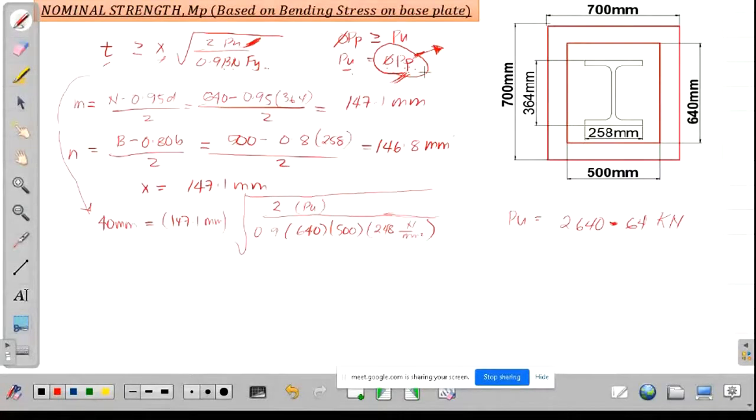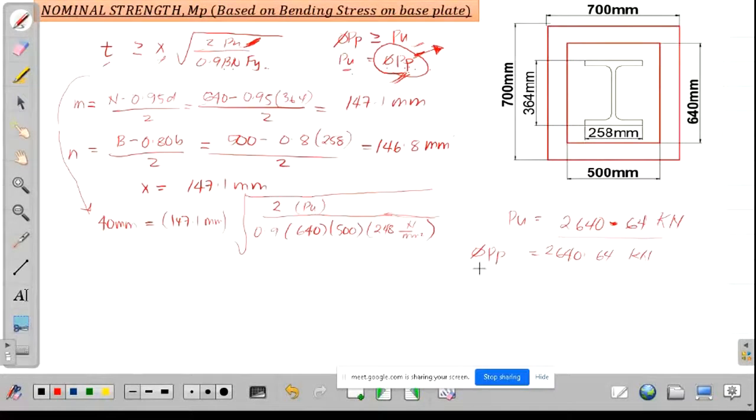So our PP, we said, is greater than or equal to PU. So what we solved is the PU, right? Our PP is equal to this value, since it is greater than or equal to PU.